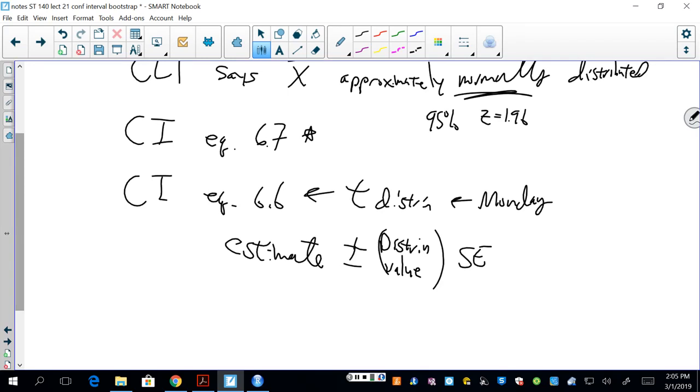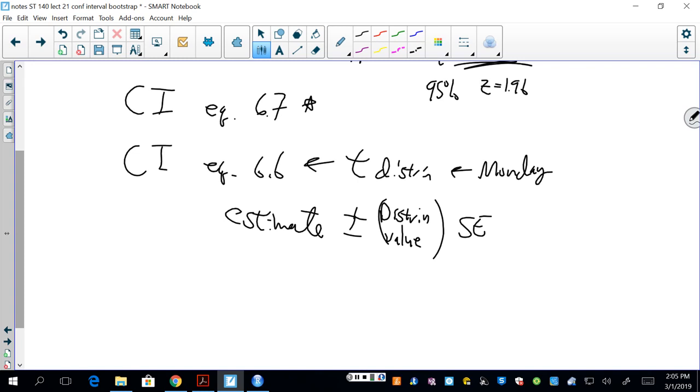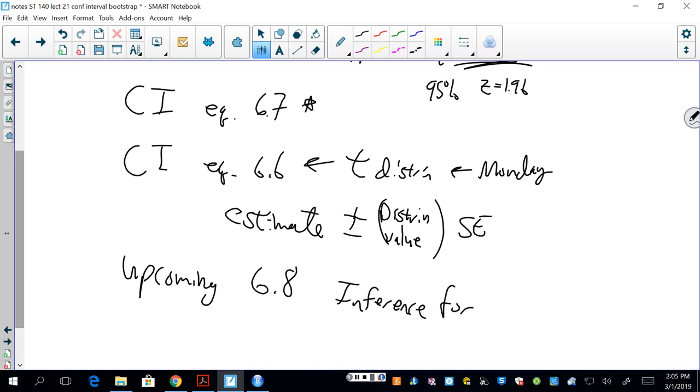Also upcoming, we will look at 6.8, which is inference for a proportion, for a proportion in a binomial experiment. We're going to do that one too.